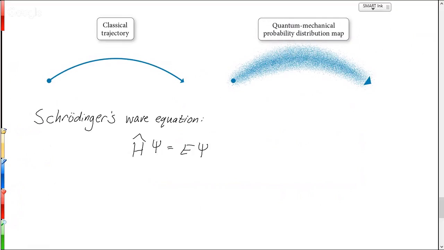So what this says is, well here, let's define these things first. The most important part of this is this thing, psi, which is called a wave function. And this is an equation that can describe the behavior of an electron.